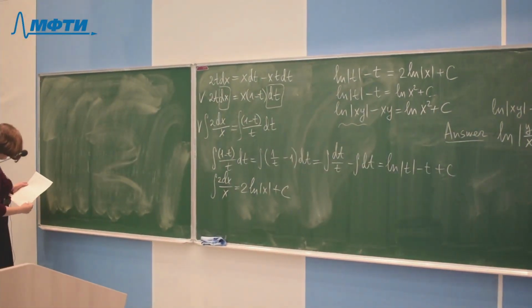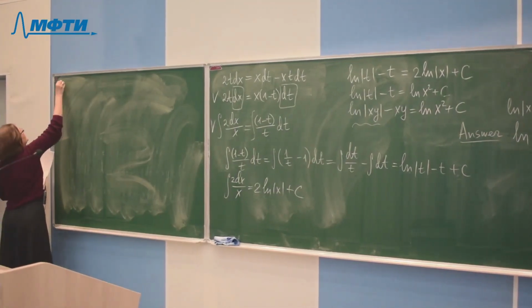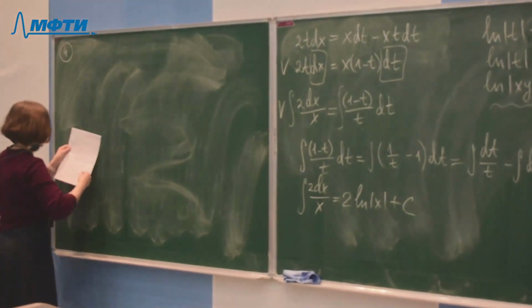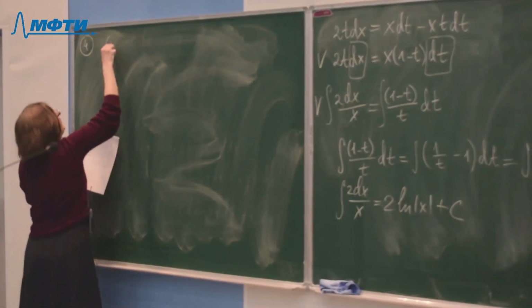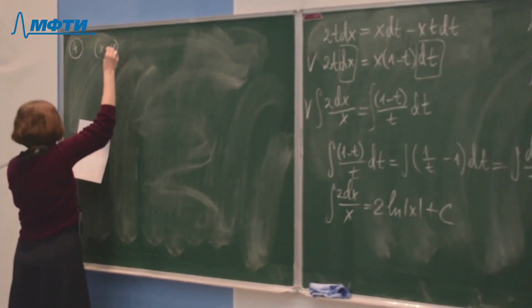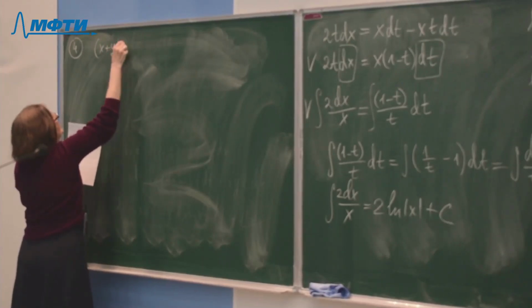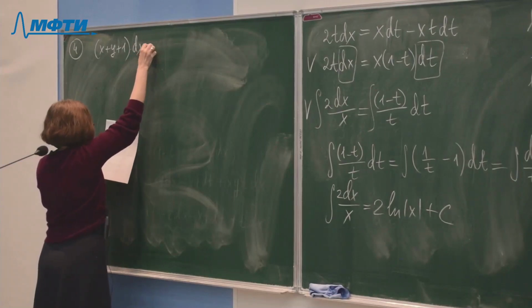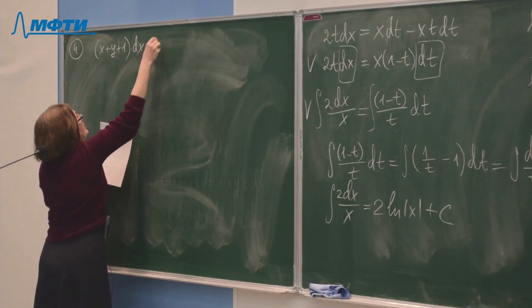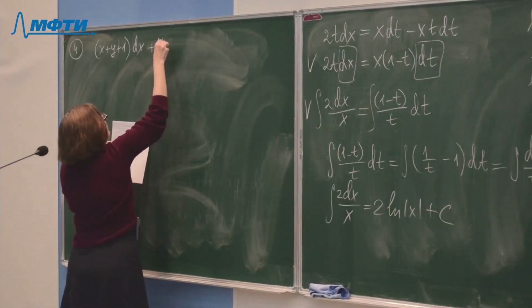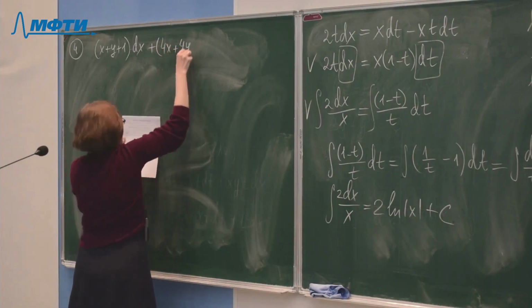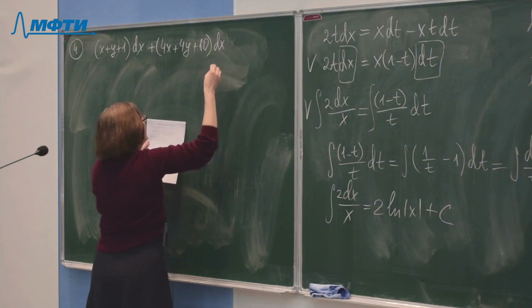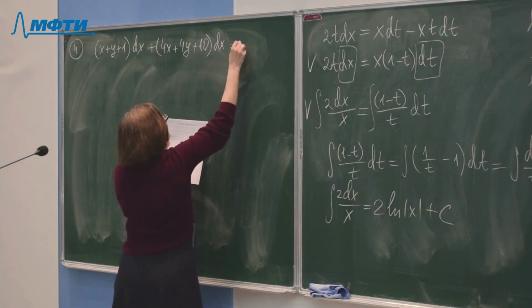So task number 4, find a general solution of the following differential equation. x plus y plus 1 dx plus 4x plus 4y plus 10 dx equals 0.